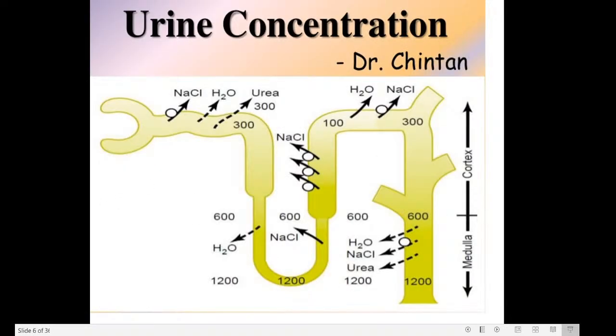Then urine concentration is an important concept. The concentration of urine varies in each and every part. Here they mention 300, 400, 600 in mOsm. That denotes the medullary osmotic gradient.